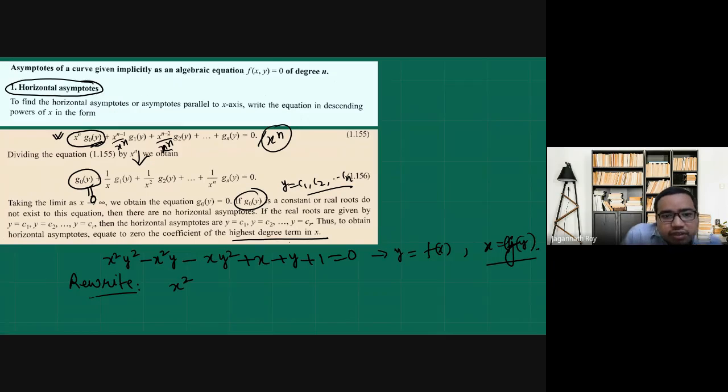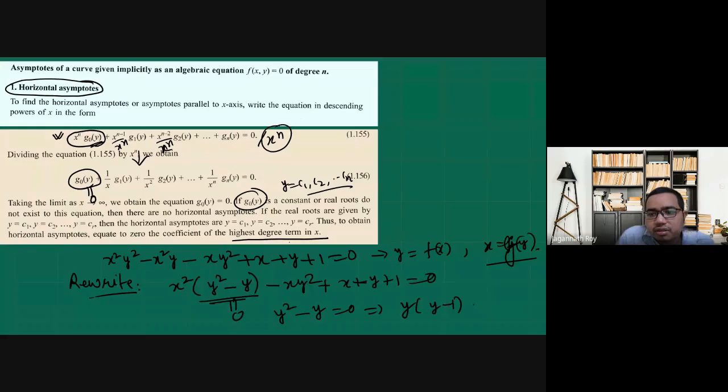We take the coefficient of x square, which is y square minus y, and leave the rest as it is. Then we equate this to 0. So y into y minus 1 equals 0, which gives y equals 0 and y equals 1.